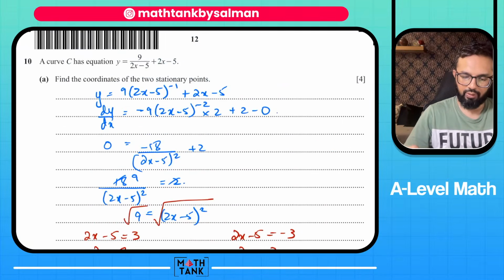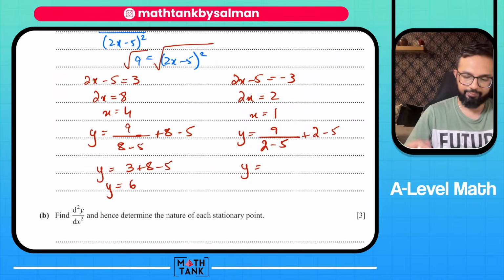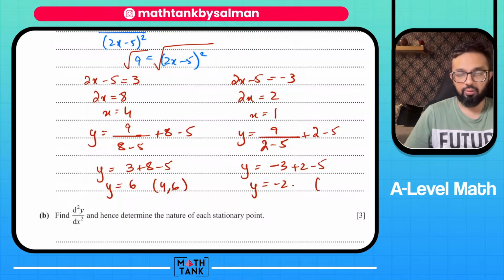It's 2 minus 5 and 2 minus 5. So 4 comma 6 and minus 2 comma 1.